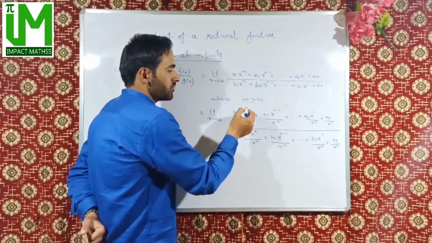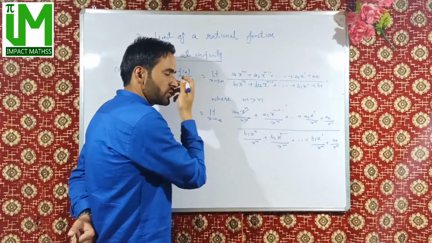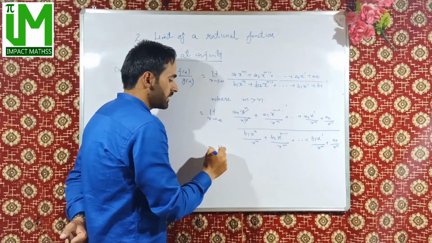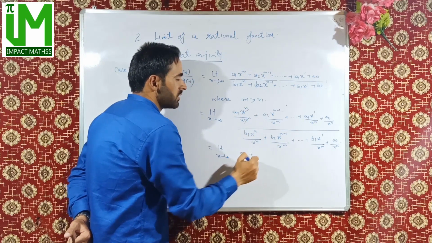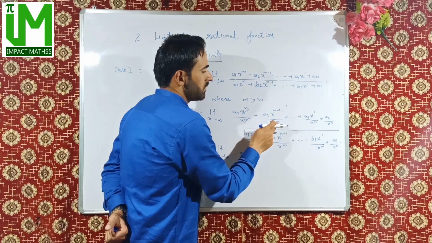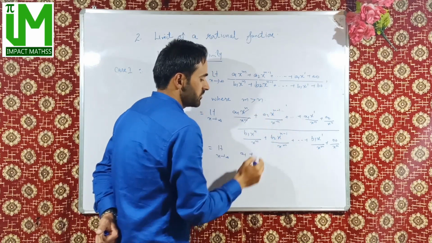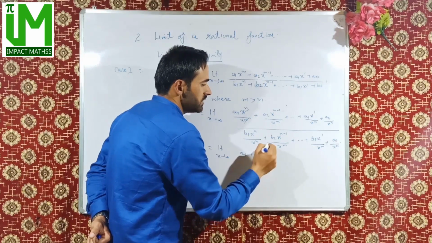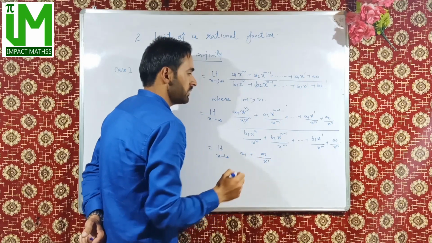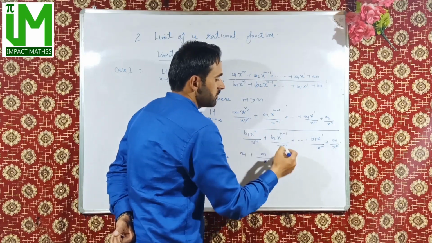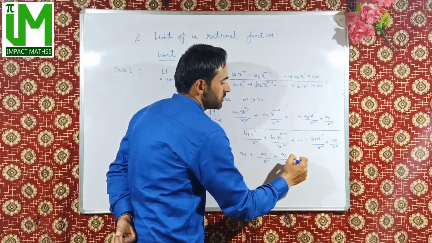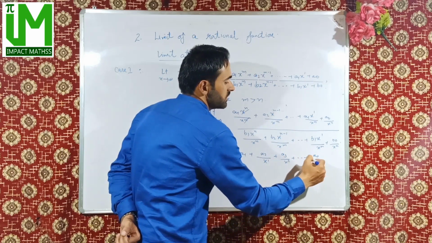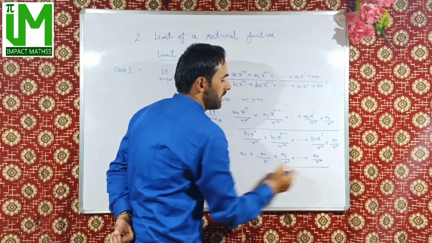So यहाँ से x to the power m and x to the power m कट जाएगा, so it will be limit x approaches to infinity a1 plus a2 divided by x raised to power 1 plus likewise we will have a3 divided by x to the power 2 plus up to a0 divided by x to the power m.